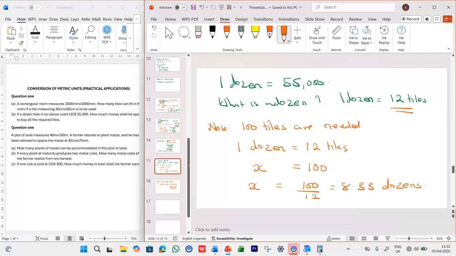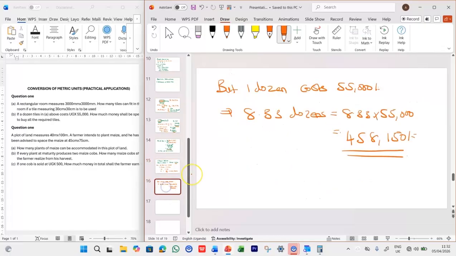So 100 tiles is 100 divided by 12, which gives 8.33. But a dozen costs 55,000. Then 8.33 dozens will be that times the cost of 1 dozen, which is 458,150 shillings. Now you see the application of this, very practical.